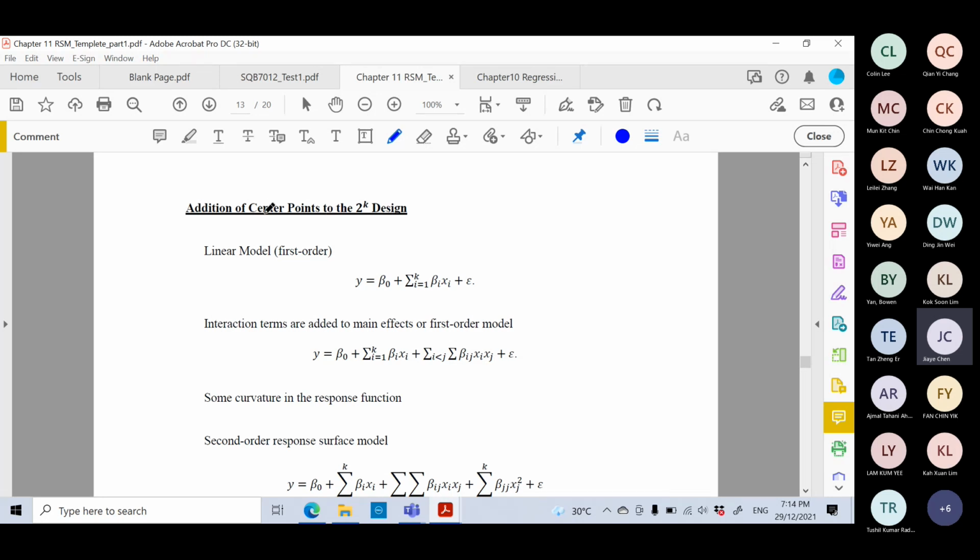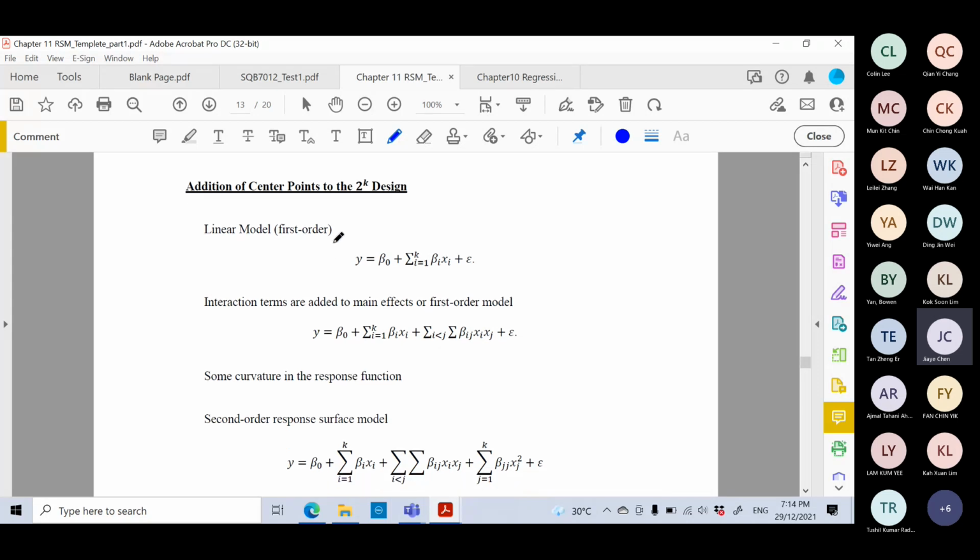Okay, addition of the center point to the 2 power of k design. First, I repeat the same thing. In the linear model or the first order model, this only concentrates on the main effect. If it is the interaction plus the main effects, the first order one, then you have a certain curvature.